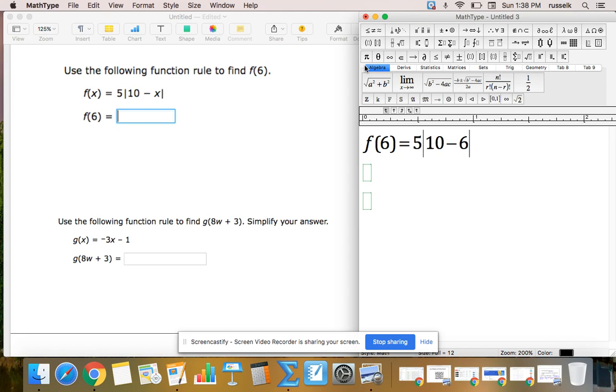Working inside then, f of 6 would be 5 times the absolute value of 4. Absolute value of 4 is 4, so 5 times 4 then would give us 20.